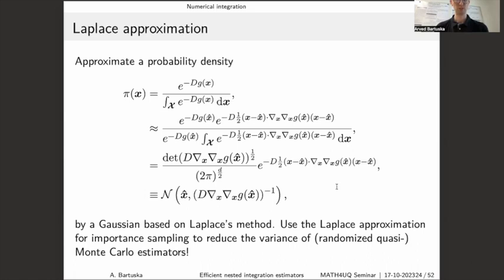This hopefully will reduce the variance of Monte Carlo or randomized quasi-Monte Carlo estimators, sometimes, as numerical experiments show, drastically. What we need to use this is to estimate, usually numerically, both the x hat and the Hessian. But this is usually more cost efficient than increasing the number of samples.